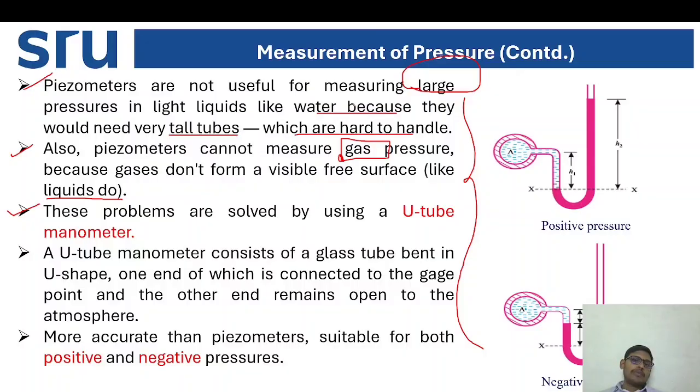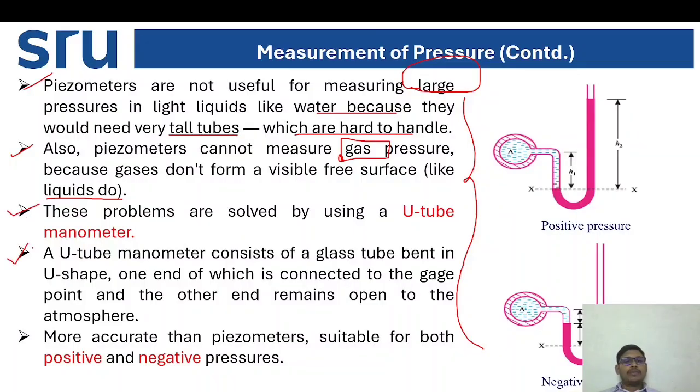Also, piezometers cannot measure gas pressures because gases don't form a visible free surface like liquids do. And these problems are solved by using a U-tube manometer.